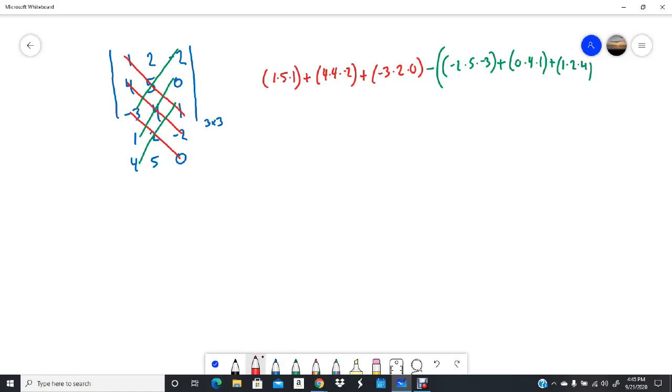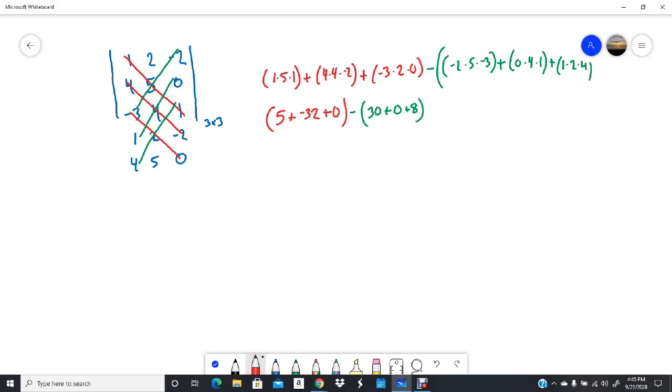So 1 times 5 times 1 is 5, plus 4 times 4 times -2 is -32. Since there's a 0, that's just 0. Now that, and then we have this. -2 times 5 is -10. -10 times -3 is +30. We got the 0 in the second parentheses, and we got 8.